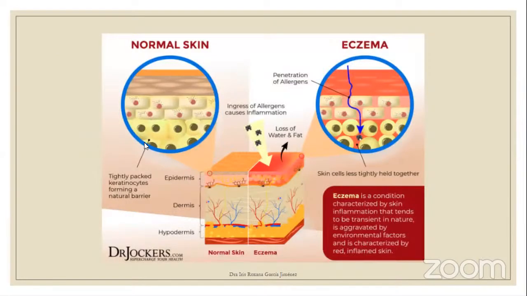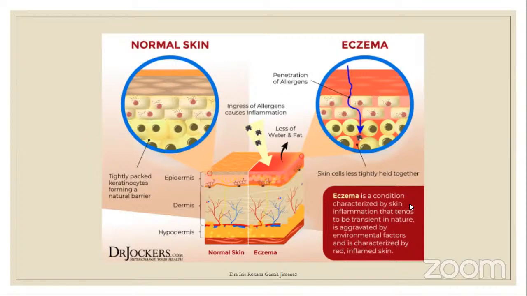Now, just for practicing and catching more vocabulary, we have the normal skin, how it's organized, how it protects. And when we compare this normal skin to the eczema skin lesion, we see the penetration of allergens. According to that, we can notice the difference in the structures and organization and how it works, right?